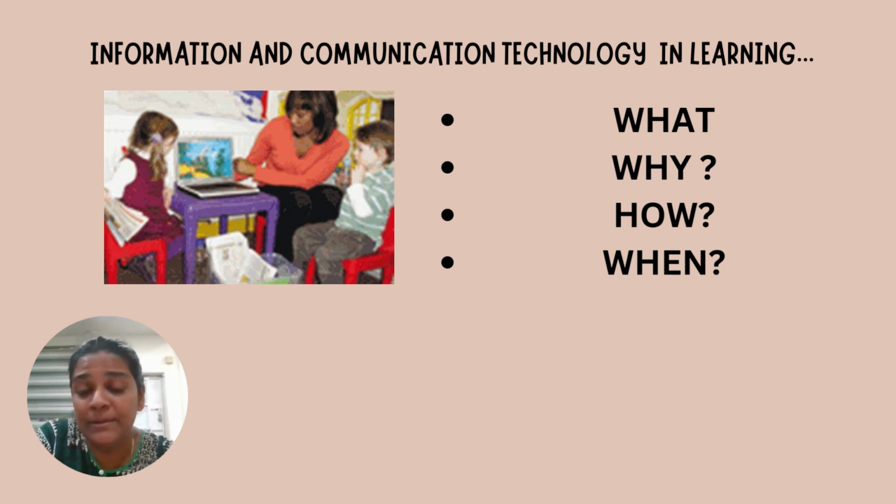As we know, we are talking about slow learners. Slow learners need to do a lot of activities in many ways, varieties of ways. So in this case, I'm going to tell you something about information and communication technology in learning, especially in our activity, which is storytelling.